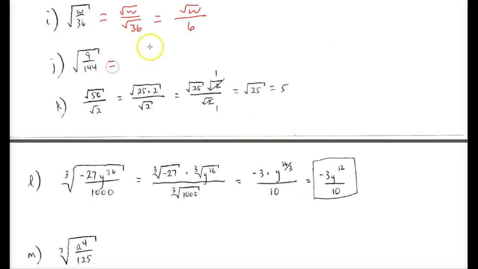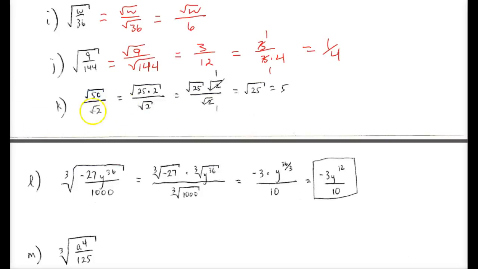Okay. Same rule here. We will change this to square root of 9 divided by square root of 144. We know that square root of 9 is 3 because 3 times 3 is 9, and square root of 144 is 12. And so when we reduce that, we know 12 is 3 times 4, and this reduces to 1, and we have 1/4 as our answer.